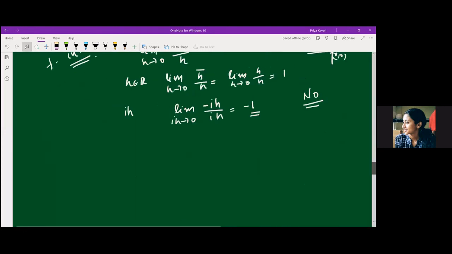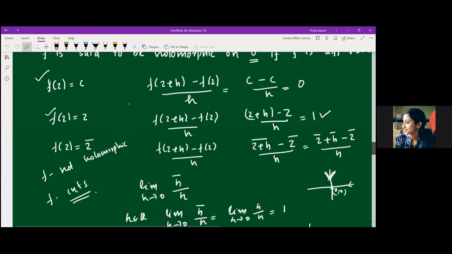After the holomorphic function, here we talked about the limit as h tends to 0, and this limit exists. So we will try to see something. We wrote f(z) as u(z) + i v(z).